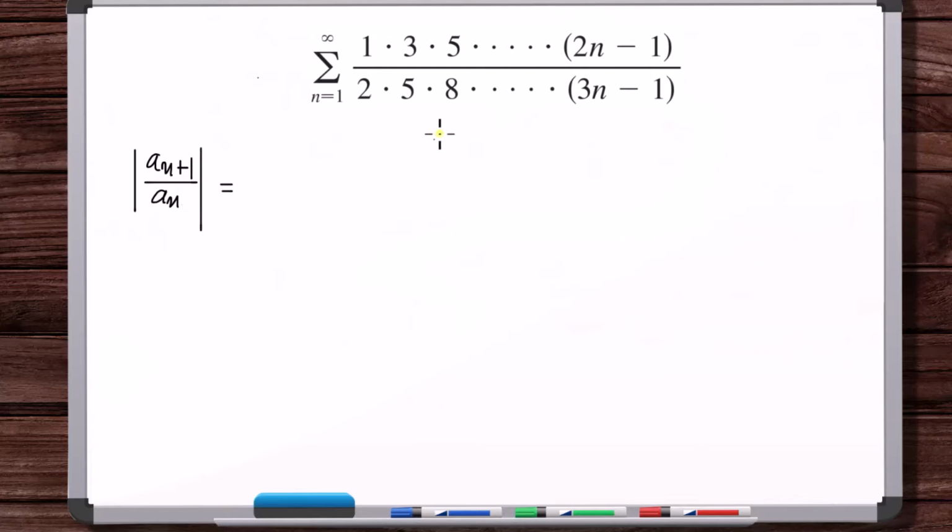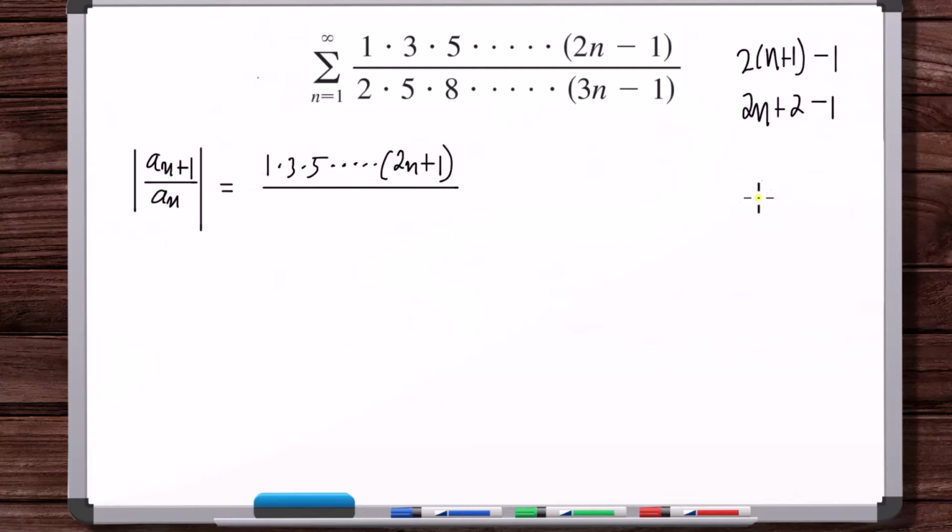So for n plus 1, you have 2 times n plus 1 minus 1. That's 2n plus 2 minus 1, so 2n plus 1. So we've got 1 times 3 times 5, 2n plus 1, over 3 times n plus 1 minus 1, 3n plus 3 minus 1, it's 3n plus 2.